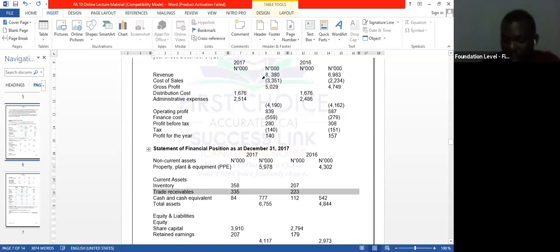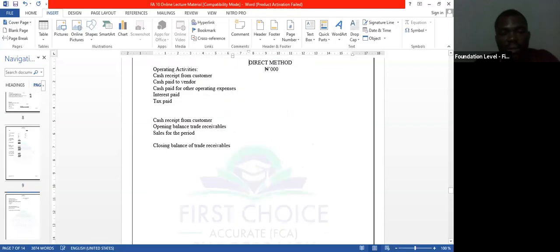Those are the things that we need to do the calculation. So we come back here and put those figures here. This is the opening figure, the closing figure for 2016, which is 223. After that, what else do we have? Sales of 8,380.